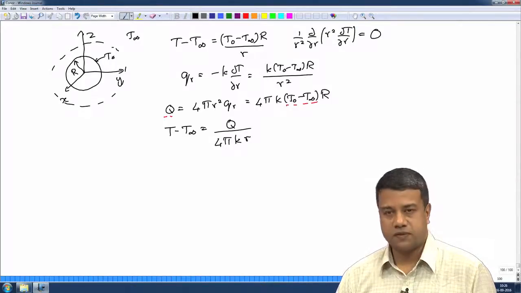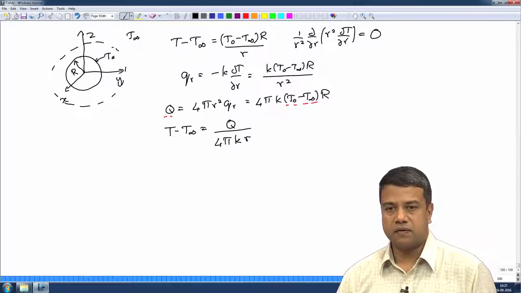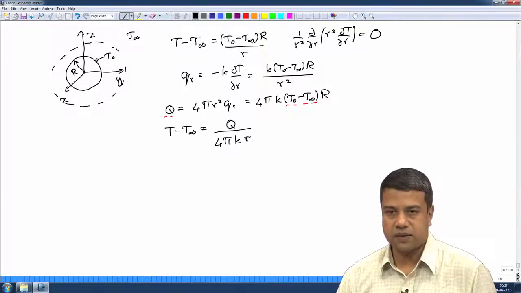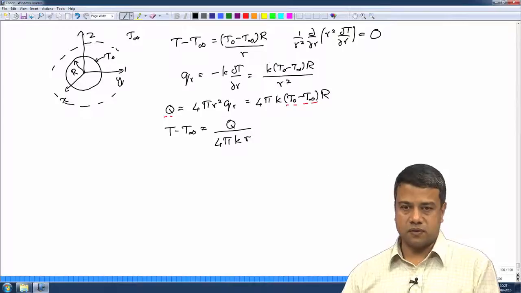Therefore, it should be valid even when the radius of the sphere goes to 0. When you have a point of zero radius which is generating heat, the radius goes to 0, but the amount of heat being generated per unit time is still Q. So, you are taking the limit where the radius goes to 0.